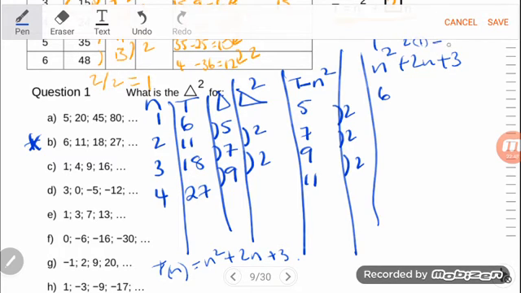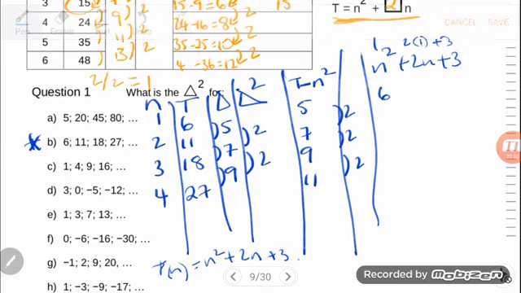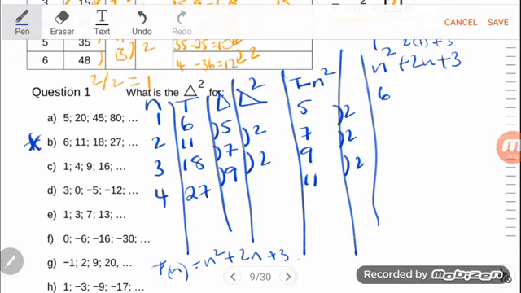Can you see that? So 1 times 1 is 1, 2 times 1 is 2, 3 is, well, 3. So that will end up being 6.